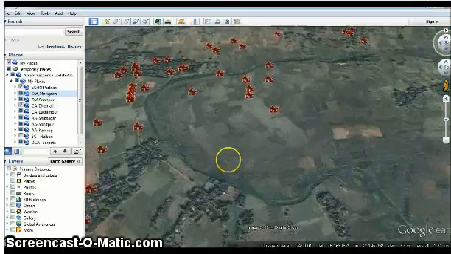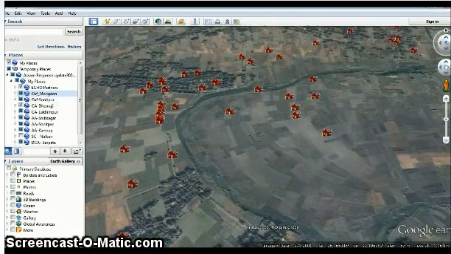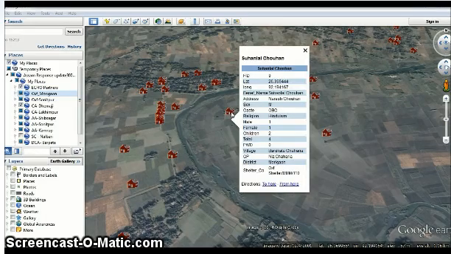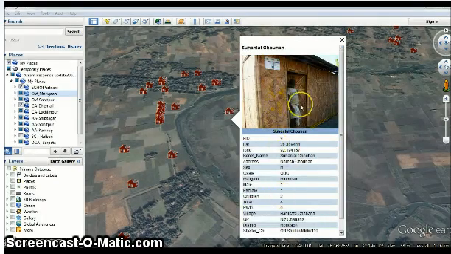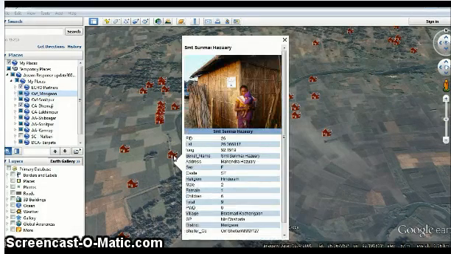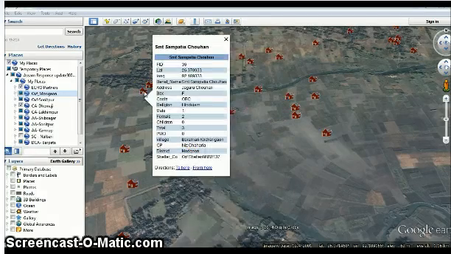Zoom in, and you will find individual shelters with their exact location. Once you click any of these shelters, you find information on the shelter along with the picture. Similarly, you can click any of these shelters and find the pictures and information of each individual shelter.